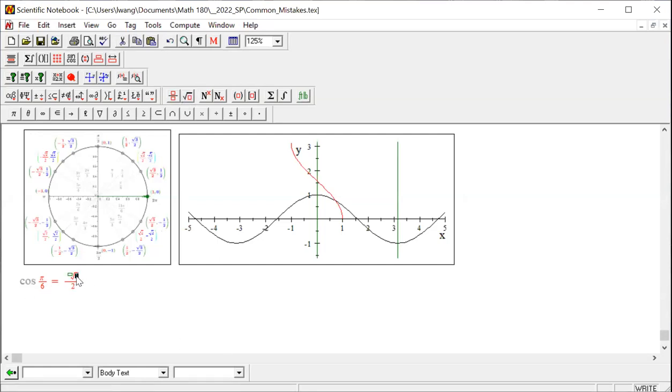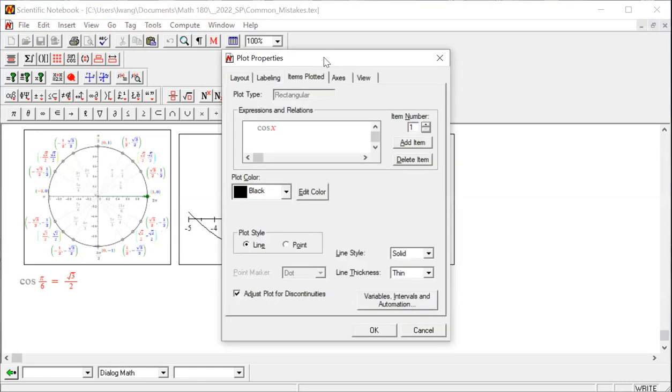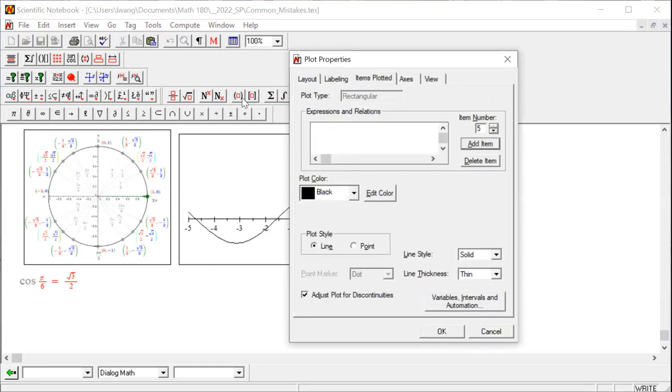Well, we just have to look at the unit circle, right? Cosine pi over 6 is root 3 over 2. So for pi over 6, the arc length is the arc length. I'm going to draw the arc length for you, so you can see the idea is the same.